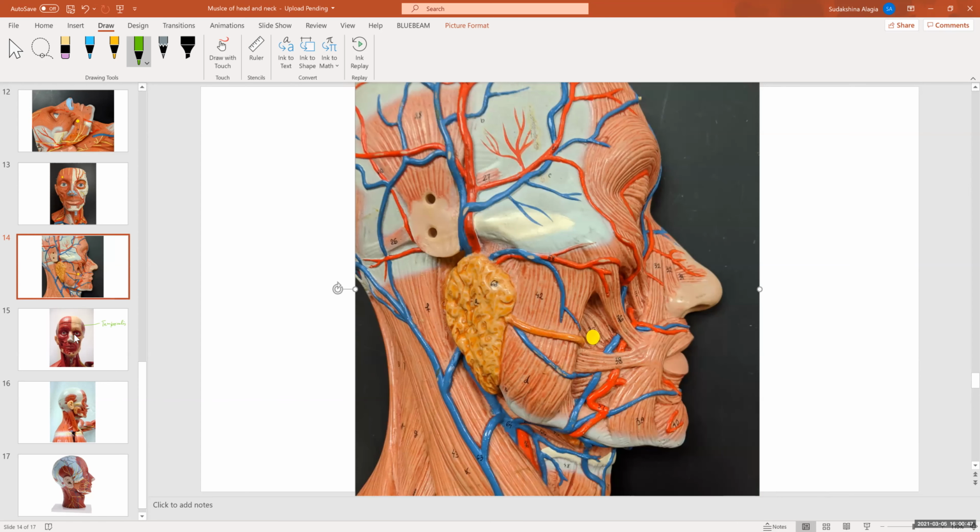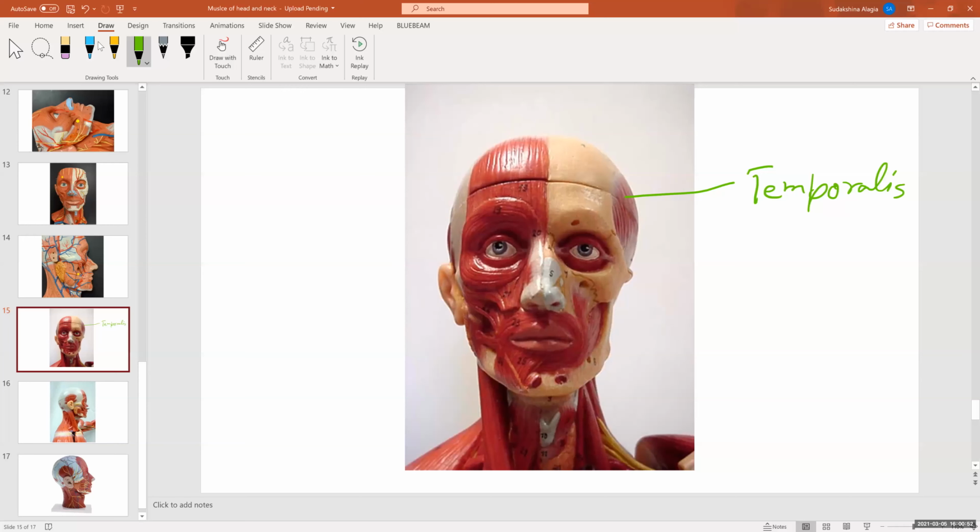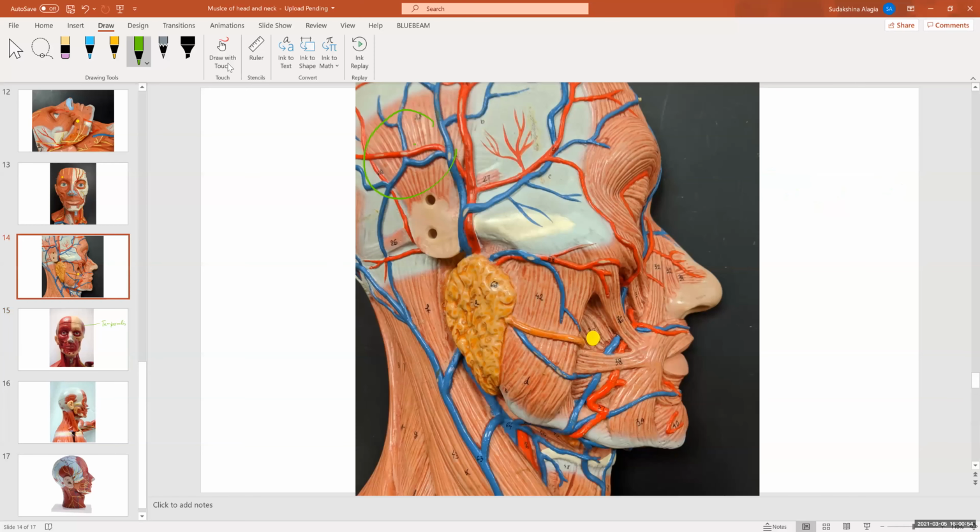Compare this previous one with this one here. Notice the difference? This is much smaller. It's triangular, but it's much smaller and it's deeper. This is deeper to the temporalis. So this is what we refer to as temporoparietalis.